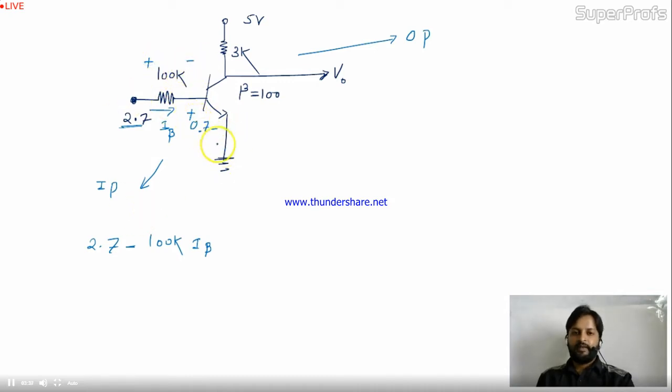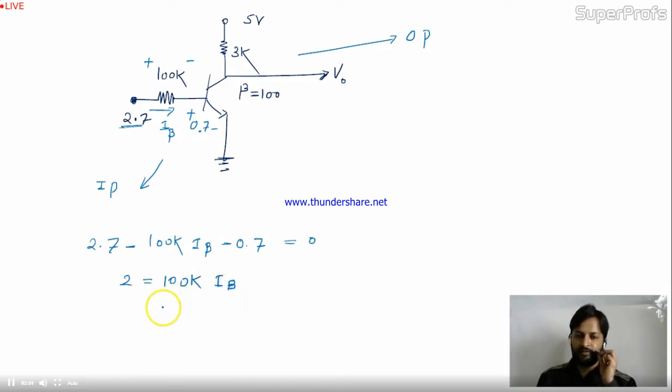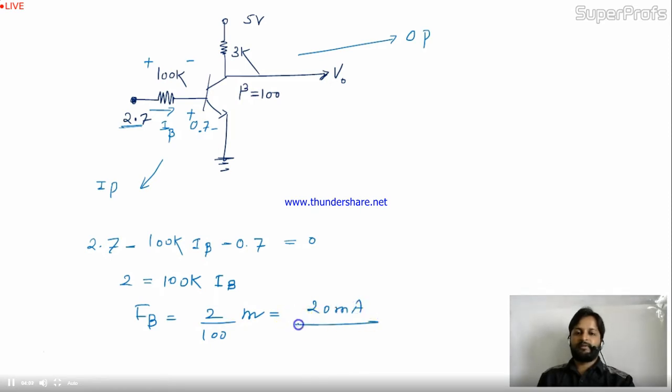And I'm getting 0.7 over here and to ground, so this is all about 0. 2.7 minus 0.7, it will be 2, equal to 100K of IB. So IB is 2 divided by 100K.